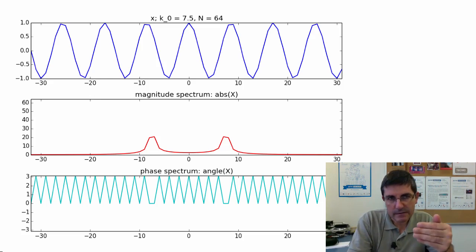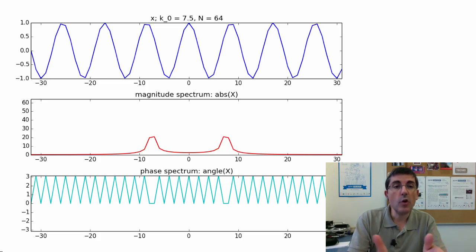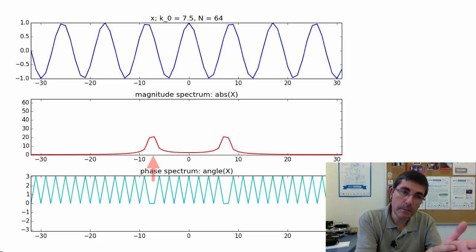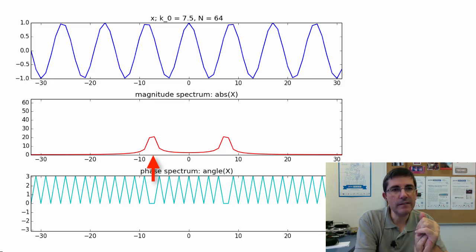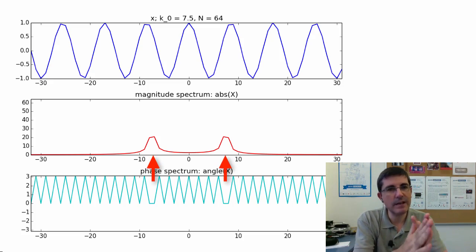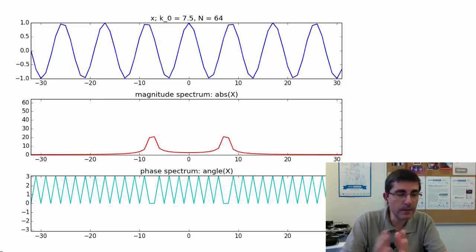So if we take the real signal and take the DFT of that, we will see that it has two bumps, one around minus 7.5 and the other around 7.5. And again, it has positive values for all k.